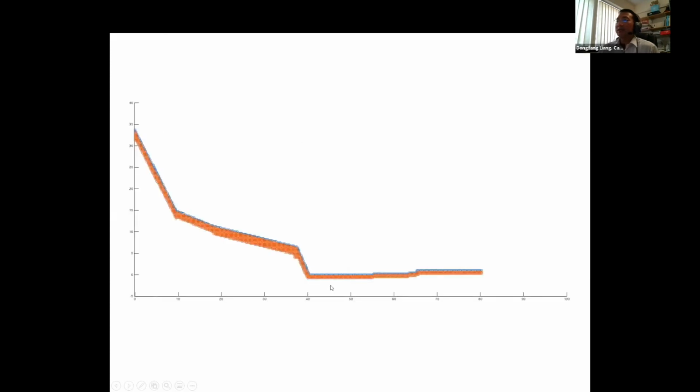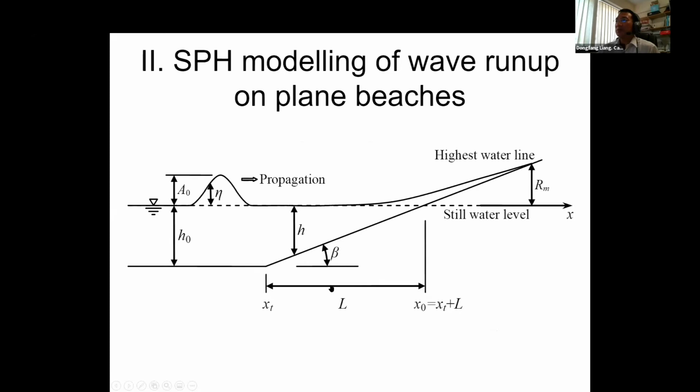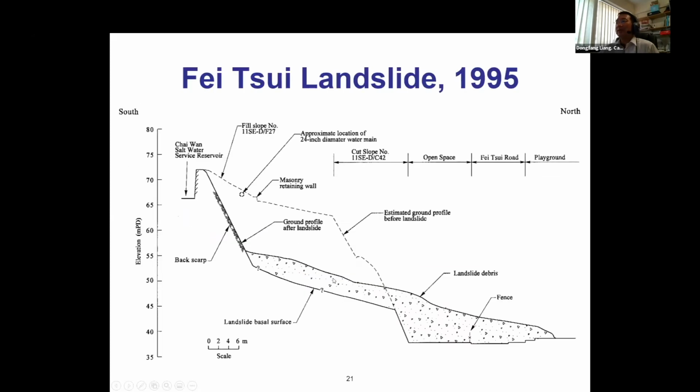So in our simulations, we assume the soil movement is entirely undrained. So the influence of the pore pressure can be approximated by a reduced internal friction angle, corresponding to different pore pressure at different locations in the column.